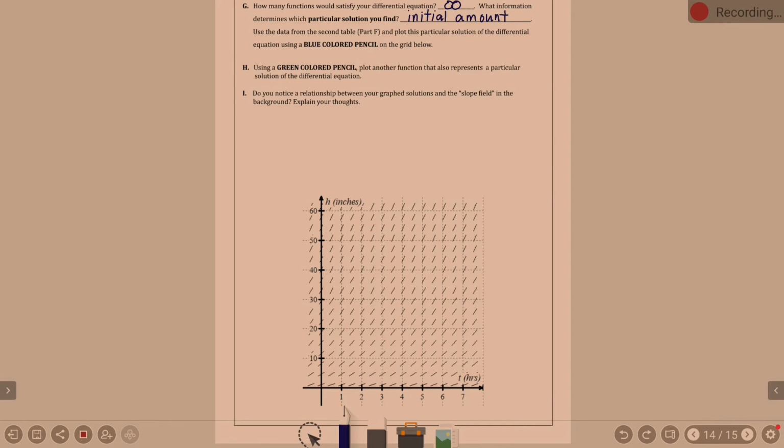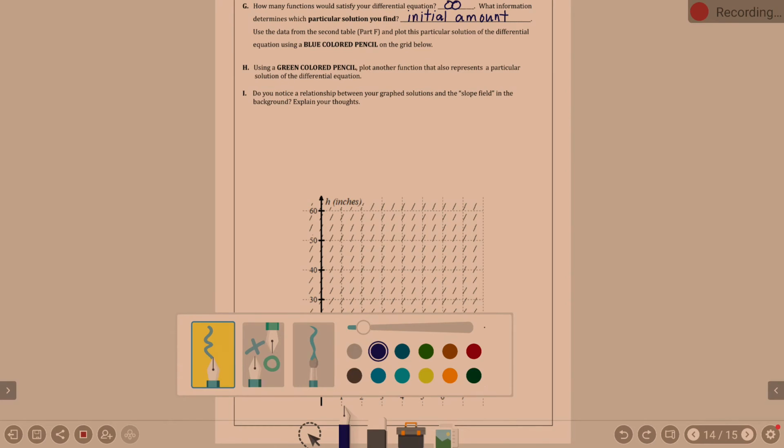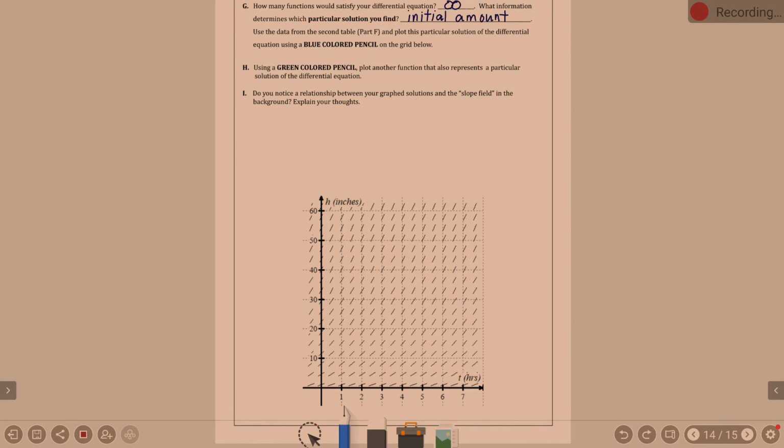So, we are using, let me get a better blue. We're using the data from part F and plotting that particular solution in blue. So if we go back to part F, at time 0, the estimated depth is 4. So 0, 4.